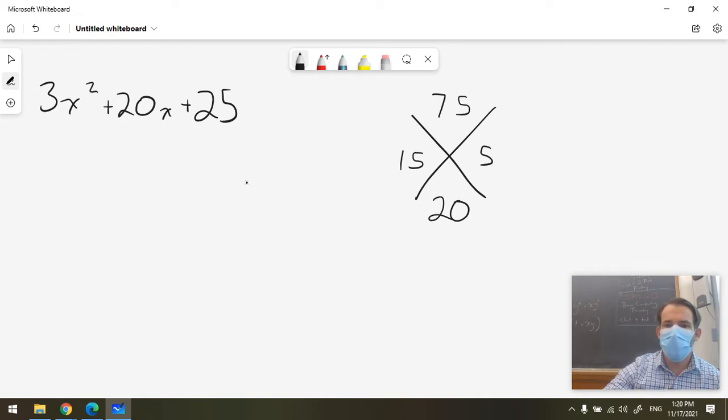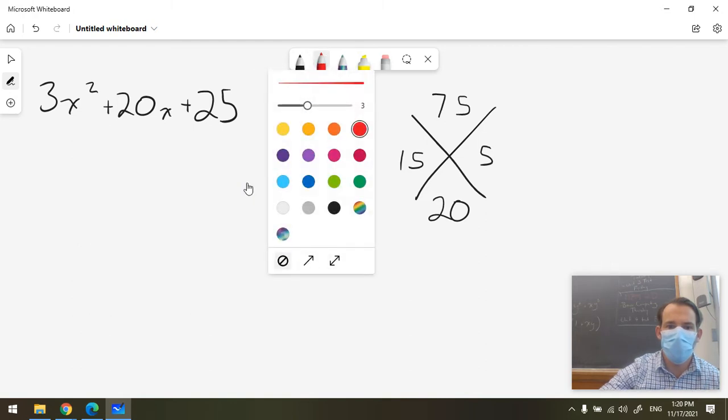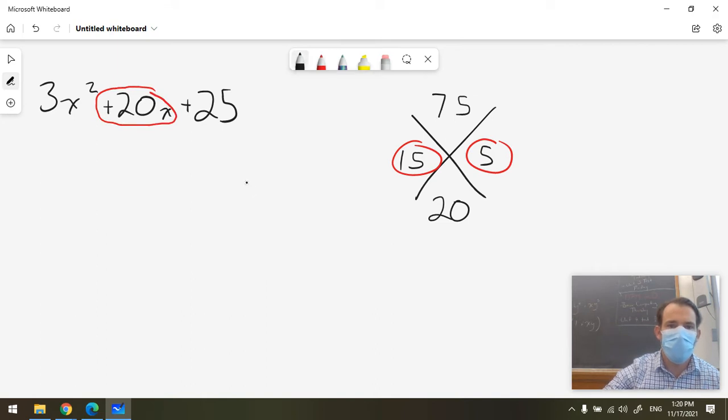Okay, so when I have these two numbers, I'm going to use them to break this term down, including the x. So let's do that. We're going to write it as equal to 3x squared, and I'm going to look for one of these that is divisible by 3.